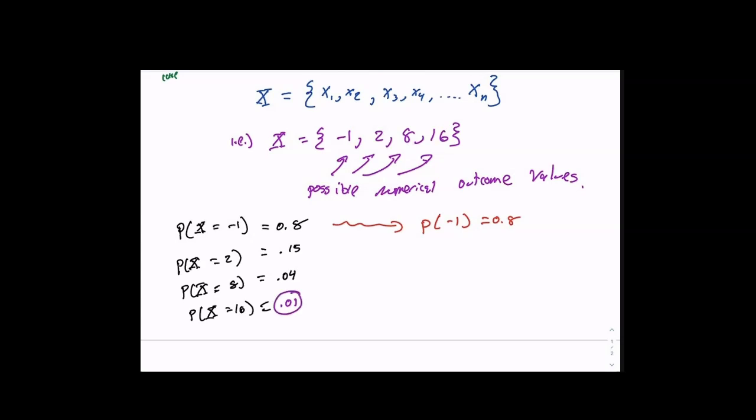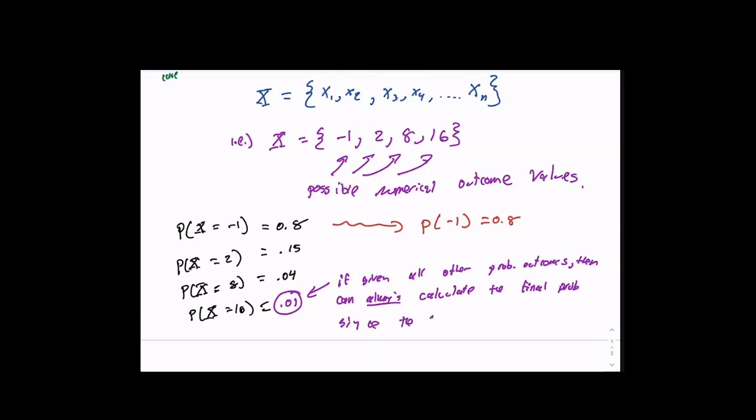I want to note here that if given all other probability outcomes, you can always calculate the final probability since the sum of probabilities equals 1.